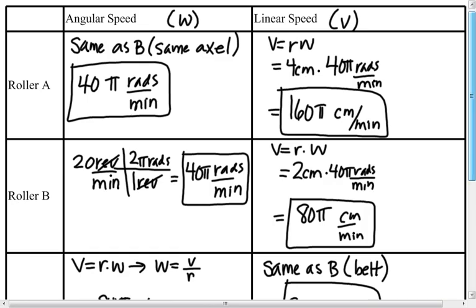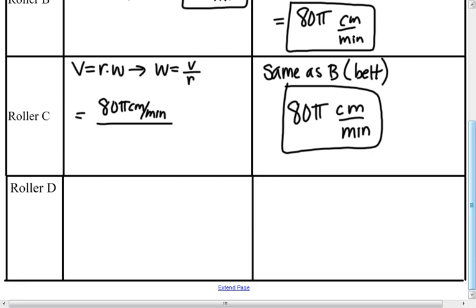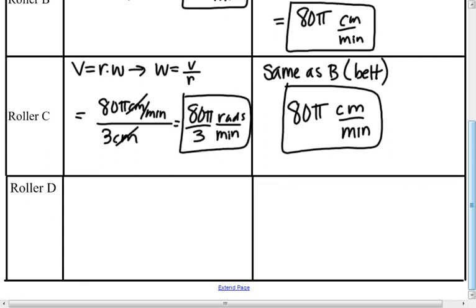So I will have 3 centimeters down here. And so I will have 80 pi over 3. That doesn't reduce. Centimeters will cancel, and you'll need to have something per minute. And again, radians is that magical unit. And also, when you're using it in this formula, it has to be in radians. So 80 pi over 3 radians per minute.